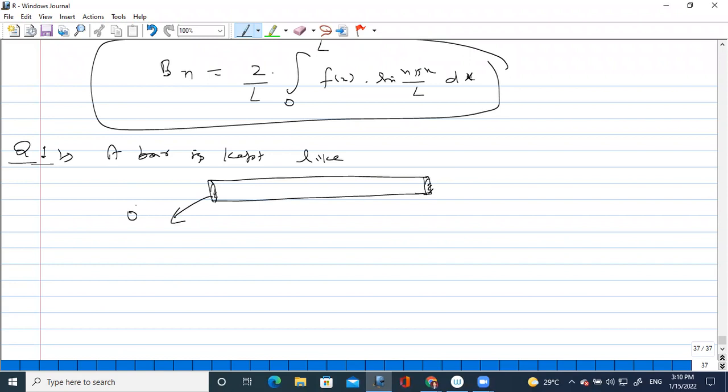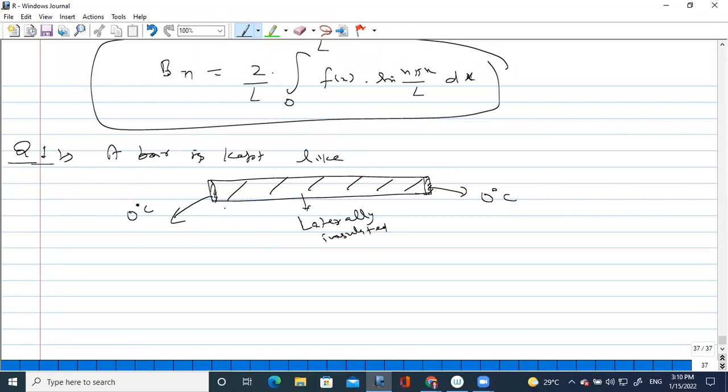This end is also kept at 0 degree centigrade temperature, and this end too. So this is the same problem we have done, and this is also laterally insulated. It means whatever the energy here, that will diffuse inside only. Extra heat will not be given by the side. So it is laterally insulated.